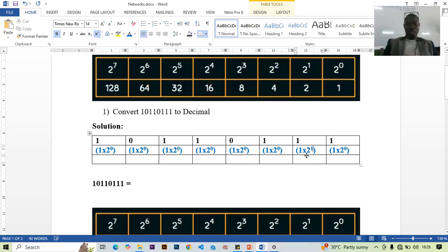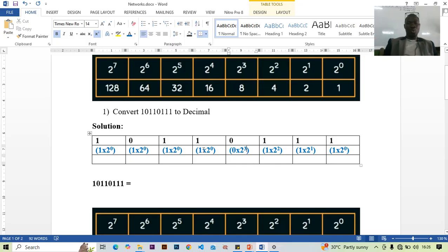This is 0, this is 1. Then this will be 1 times 2 to the power 2. The place value for this is 2. Then this one is 0, not 1. It is now 0 times 2 to the power 3, because we're raising the power from place value 0, 1, 2, moving upward.